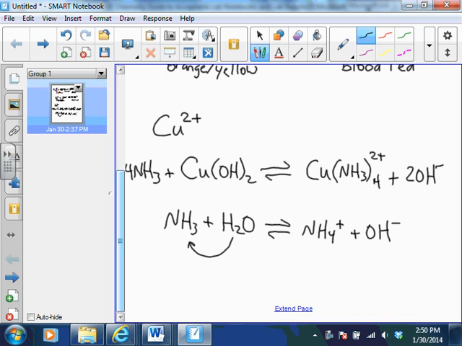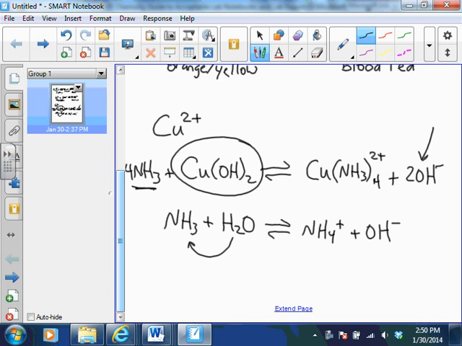Okay, when you first add it, there's this OH minus being created here. Okay, so it's essentially like you're adding a product, which pushes it back towards the copper hydroxide. And that's that blue solid, that blue precipitate that you saw forming in the bottom of your test tube. Okay, but because you're adding NH3, that's also a reactant over here. Okay, so this gets a little tricky.